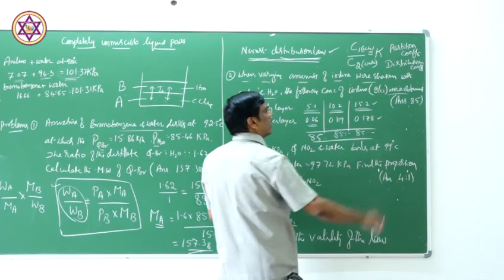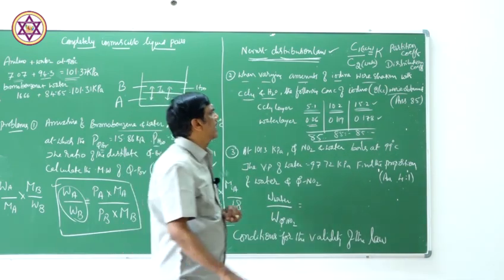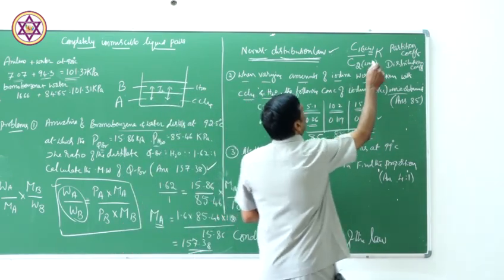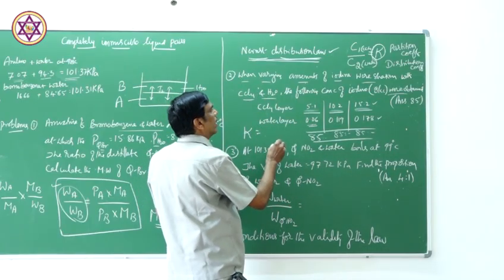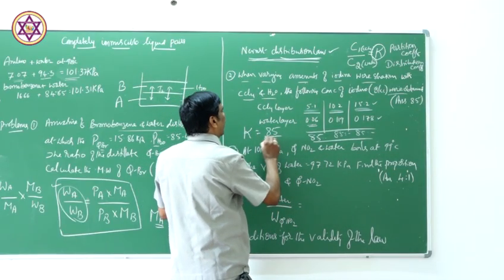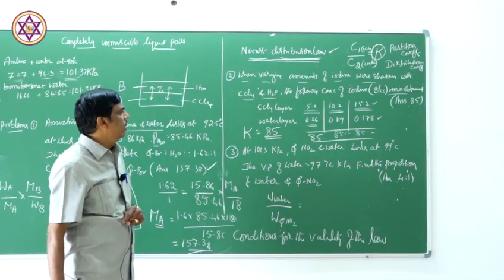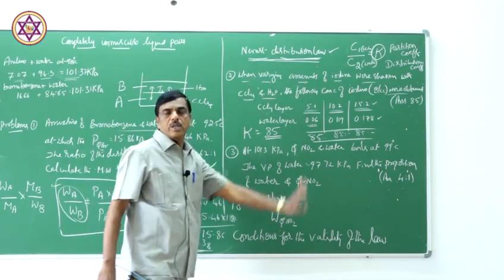So, if you take the average of these three values, this constant K is found to be 85 on an average. So, this proves the Nernst distribution law.